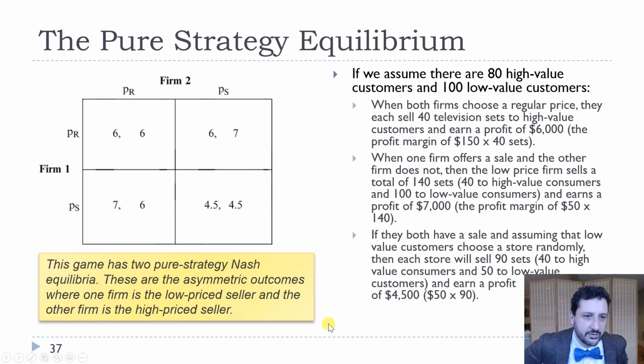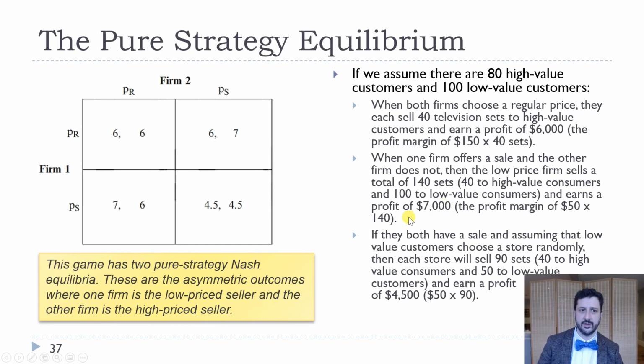And so we can think about this in terms of a game strategy equilibrium. And the idea here is if you both set the price at $500, then you each get $6,000 in profit. And so this is assuming 80 high value customers and 100 low value customers. And basically what you do is you split the high value customers there. But there are all these low value customers who haven't had a chance to buy yet.